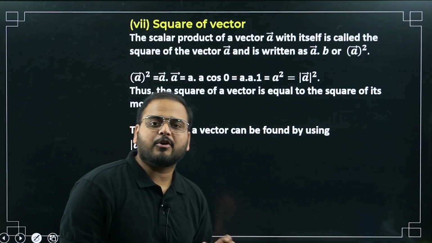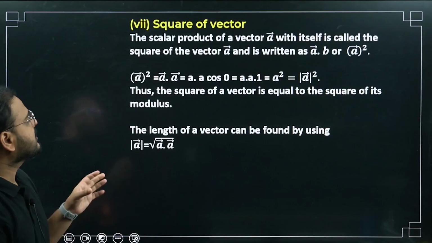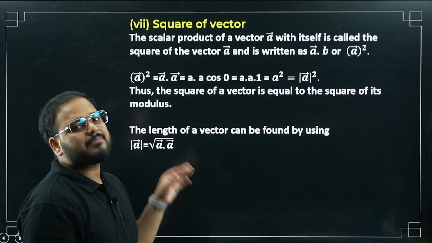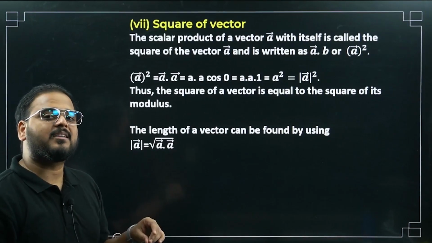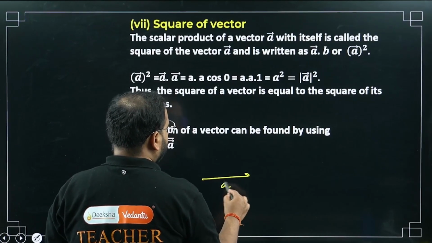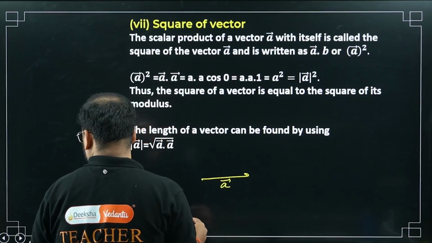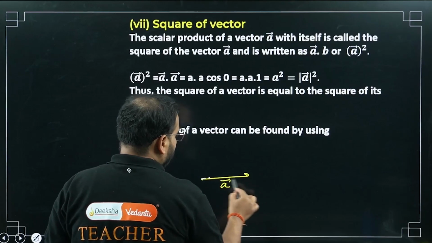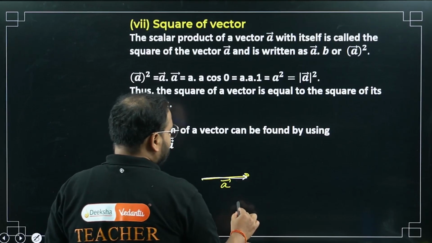Same thing we talked about. We're talking about application, that's why I've written it over here. The square of a vector: square means multiplied by itself. What is the angle? Cos 0. Let's say this is vector A, multiplied by itself.